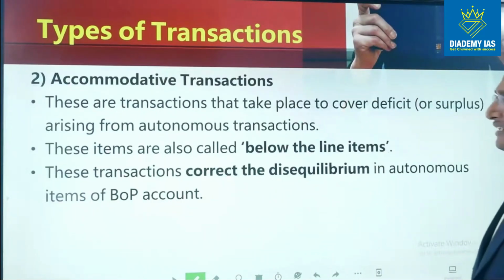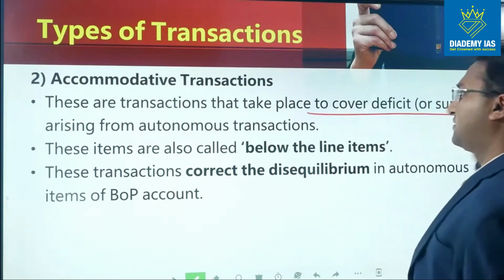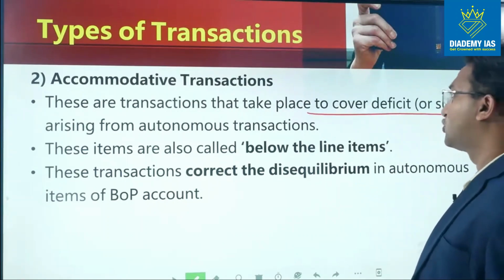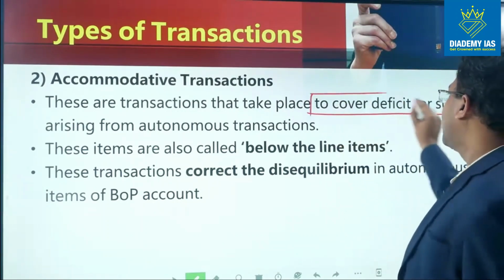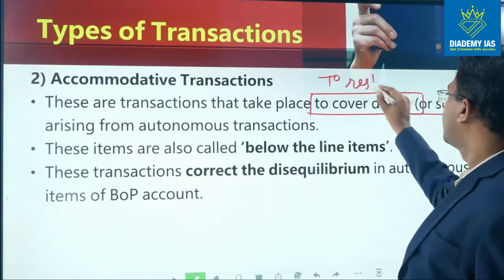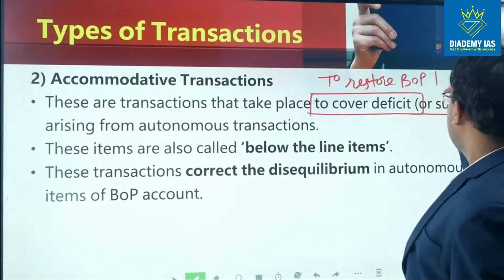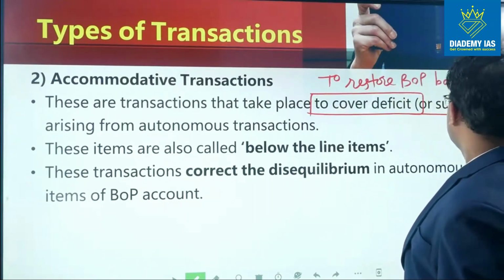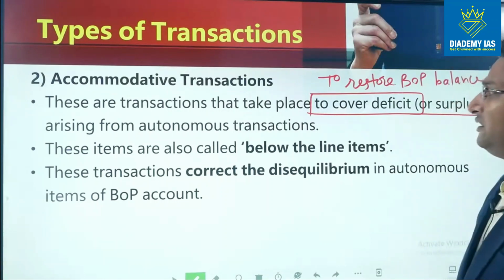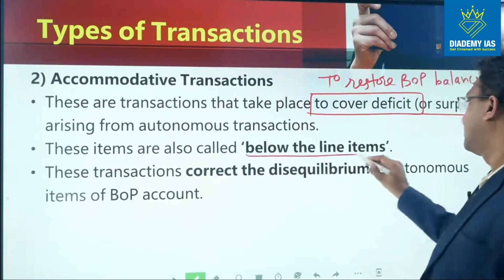Accommodative transactions, these are transactions that take place to cover deficit or surplus arising from autonomous transaction, right? The purpose is to cover the deficit or to restore BOP balance. These items are also called below the line item, right?